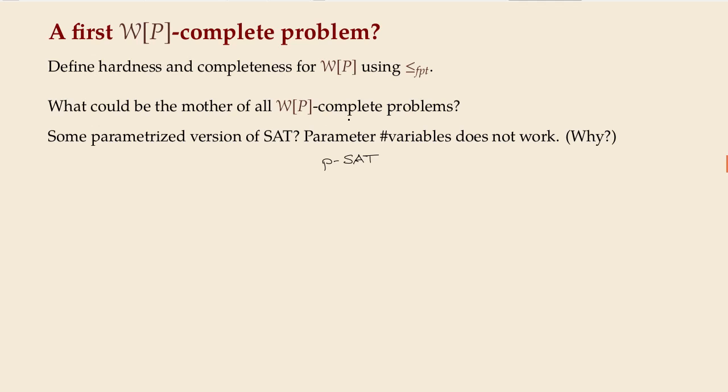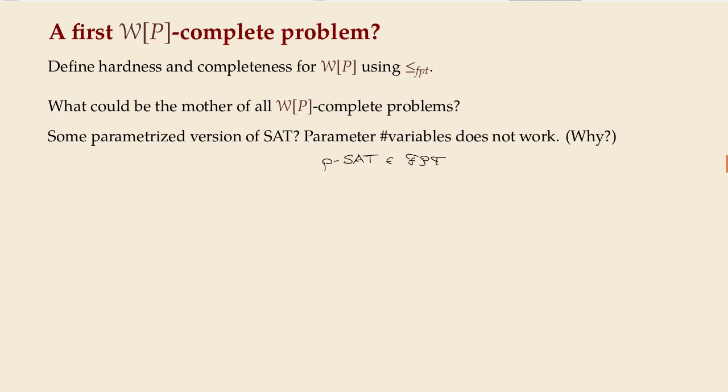Was p-SAT a hard problem if the parameter is the number of variables? It was an FPT problem. Just by the brute force method, you could try all assignments. That gives you 2 to the k, but there's no n in this part. And then for every assignment, you only insert and evaluate the formula, which is polynomial for sure. So you have an FPT algorithm for it, which implies that the problem is in FPT. So it's definitely not complete for this class, because that would require that all these problems reduce to it.